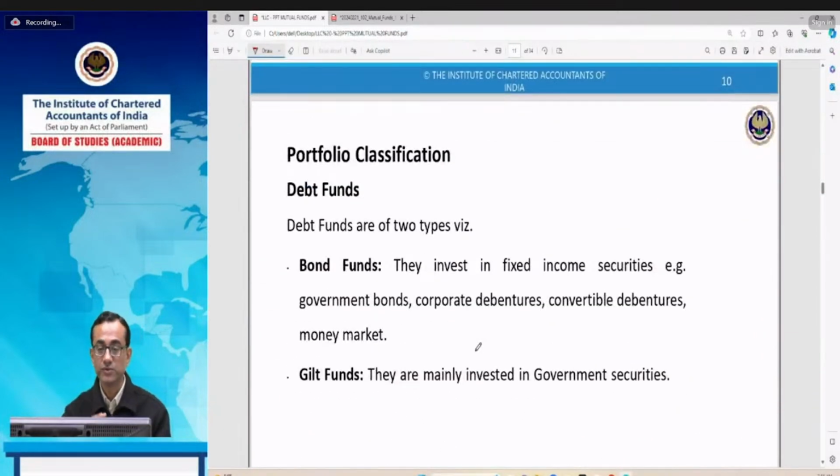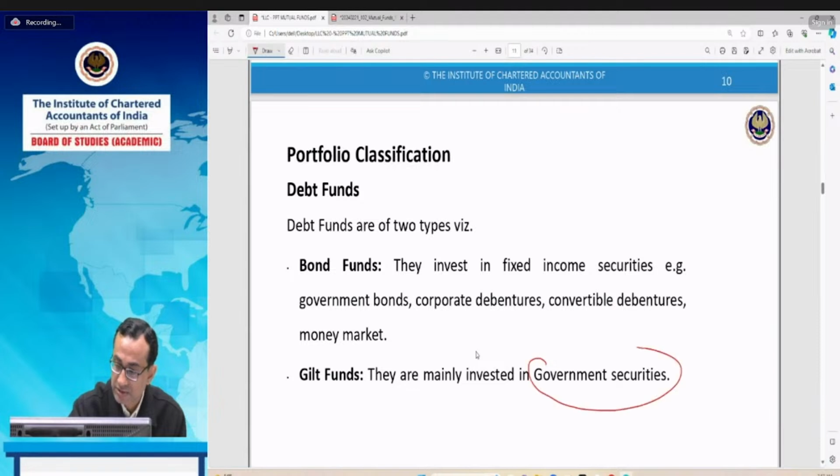Now come to portfolio classification according to debt funds. Debt funds are of two types: bond funds and gilt funds. Bond funds invest in fixed income securities, for example, government bonds, corporate debentures, convertible debentures, and money market instruments, as I have just mentioned. Gilt funds are invested in government securities, which are considered the safest of all instruments.